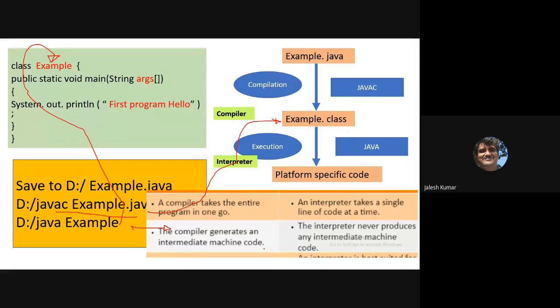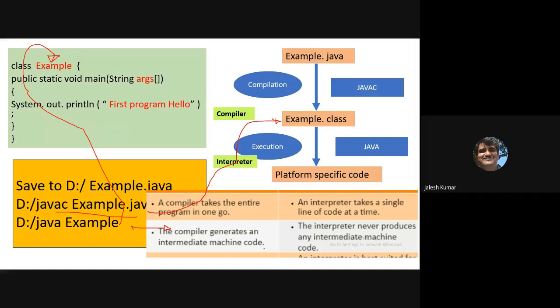The interpreter never produces any intermediate machine code. It directly makes it into the executable format. So that is the main difference which it is necessary to know. You may find many differences, but what is needed very much in this case, only that I represented here.